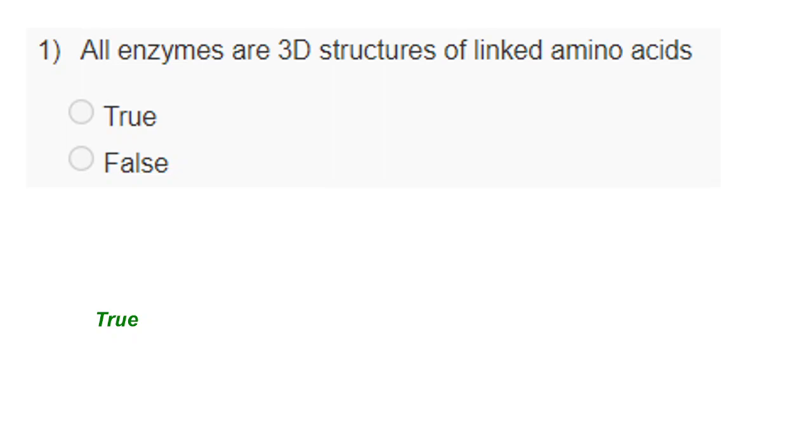But RNA is not made of amino acids, so those enzymes are not 3D structures of linked amino acids. Please keep this in mind. If you're assuming it's a protein, then this statement is true.